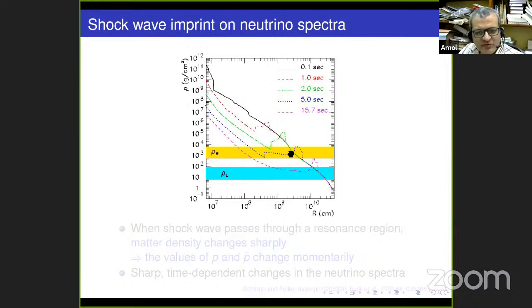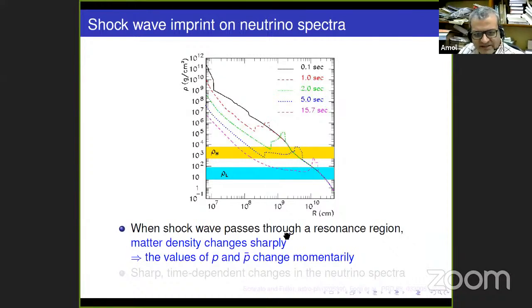And if you really go much beyond, maybe at 15 seconds, you will also see sharp changes happening in the L resonance region. So especially around 2 to 5 seconds, H resonance is the region at which the neutrinos may undergo what are called non-adiabatic flavor transformations because of the shock.